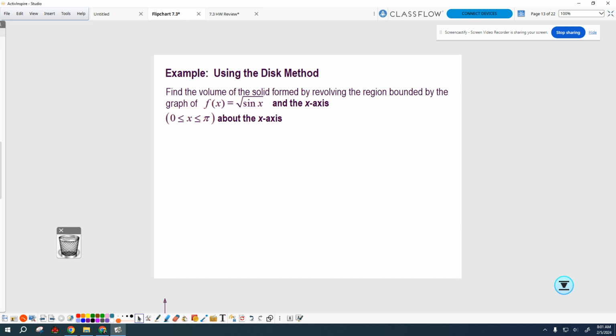And Camden, what are the y values that come out of sine? What's the highest y value that comes out of sine? 1? Okay. Sasha, sine from 0 to pi, is it always positive or does it cross the x-axis? Always positive.